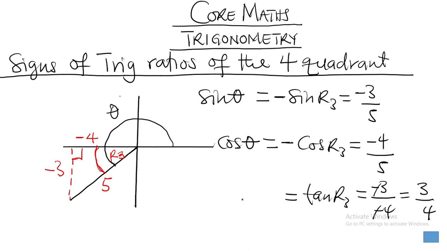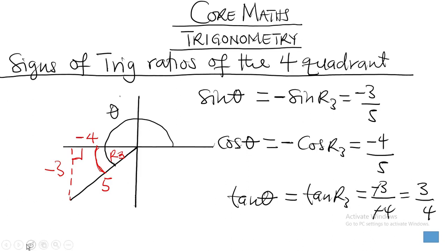So here our tan theta is the same as the tan of its reference angle. I hope you are following. Good. So we can conclude that in the third quadrant, it is only tan which is positive. The rest of the ratios are negative.